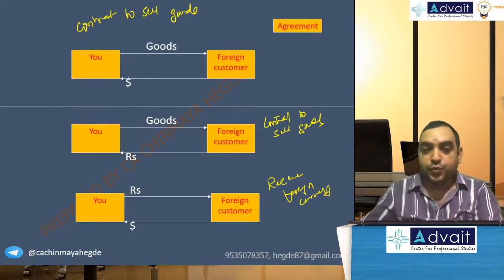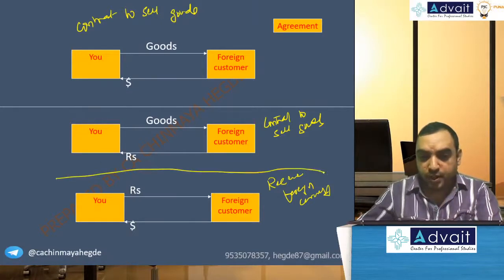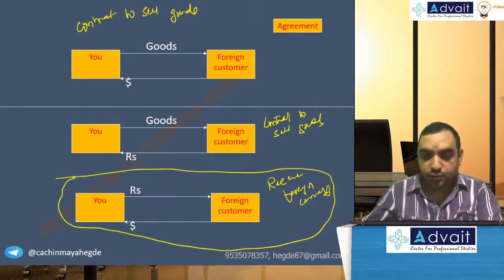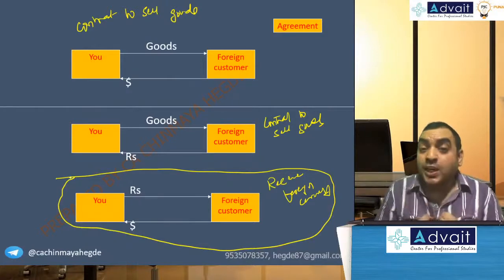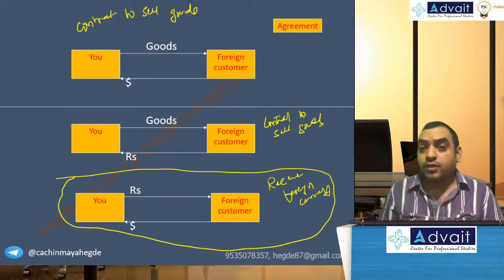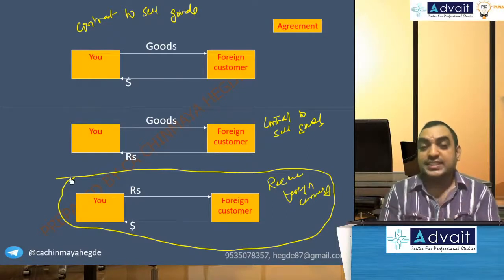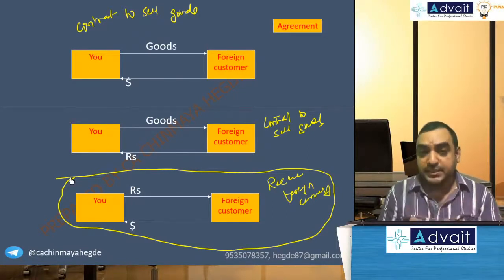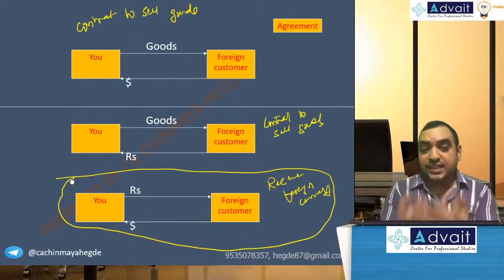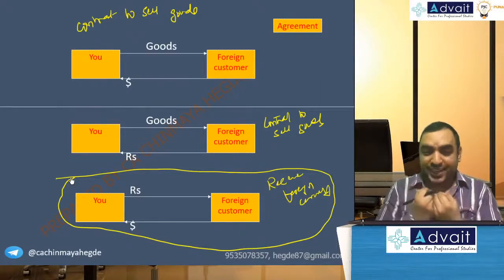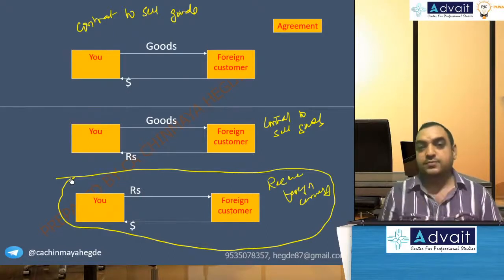I repeat my question once more. Please focus only on this portion where I am getting dollars. I receive dollars. Receiving foreign currency, is it a buy contract or a sell contract? Dollars coming into me.